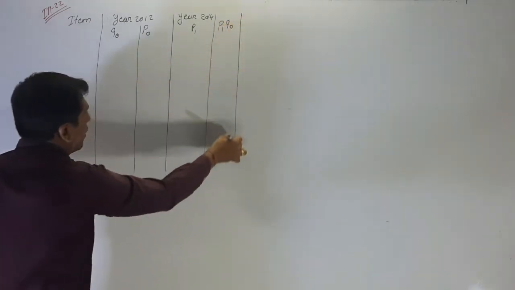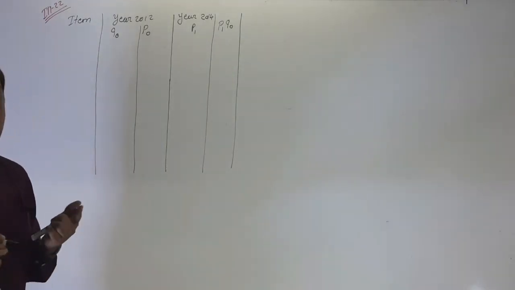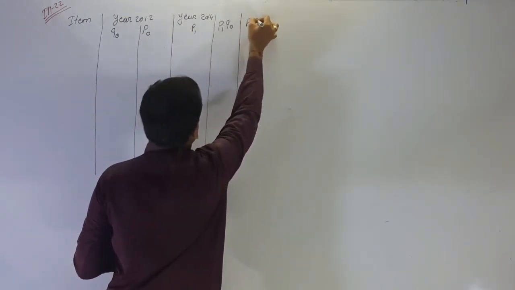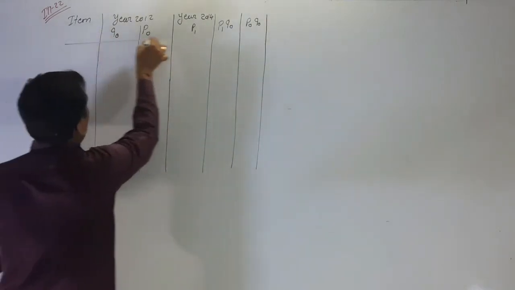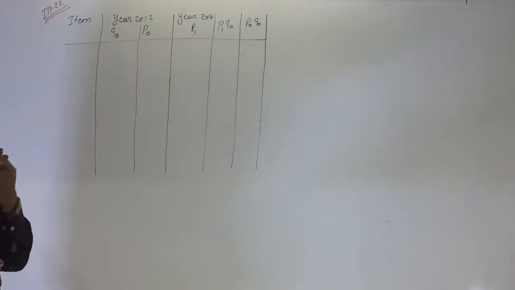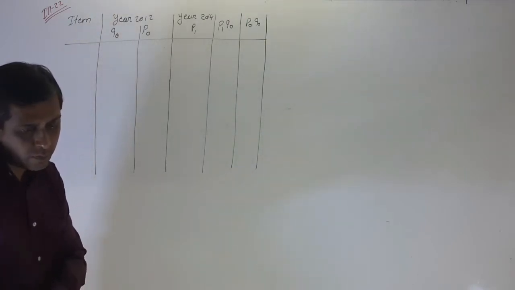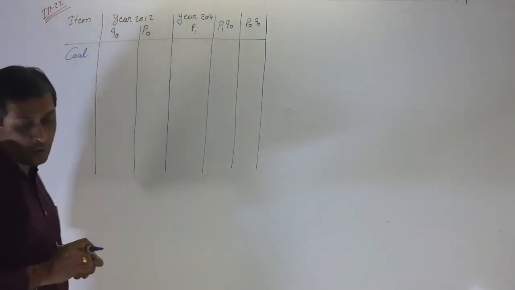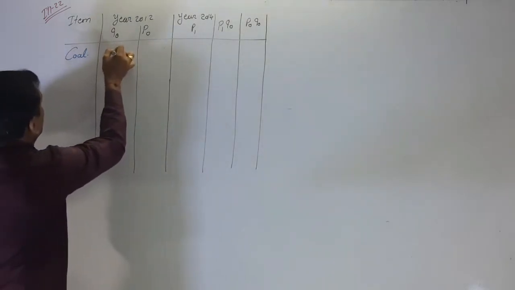To find out the last pair index number, we have to add two columns, P1 Q0 and P0 Q0. Here the 4 items are there. Coal first of all, for that 5 kg, 25 and 30 is the price.